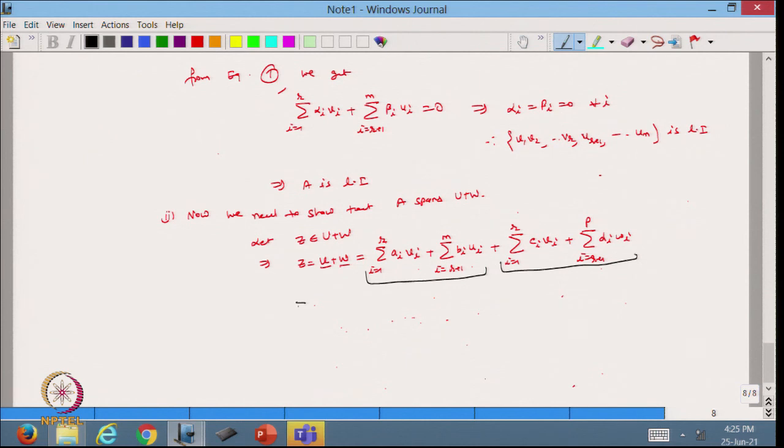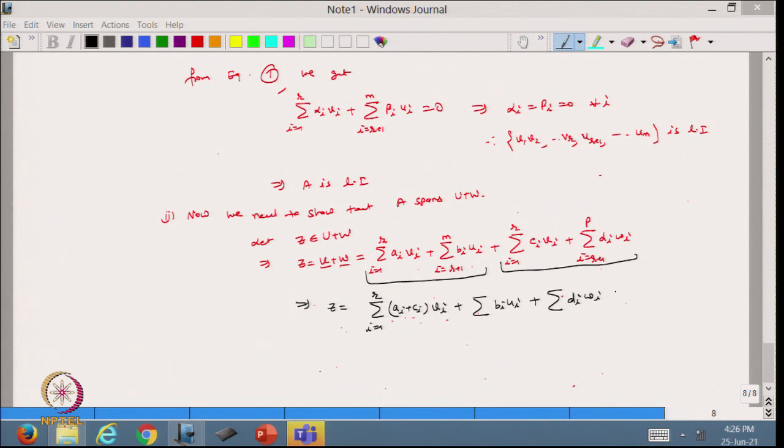After writing this, because this can be combined, I can write that z becomes equal to summation i from 1 to r, (a_i plus c_i) I can take common, v_i, plus the remaining b_i u_i, plus the remaining d_i w_i, and that is a linear combination of the vectors of A. So, z belongs to the span of A. It means that I started with a z from U plus W, so from here I can write that U plus W is contained in span A.